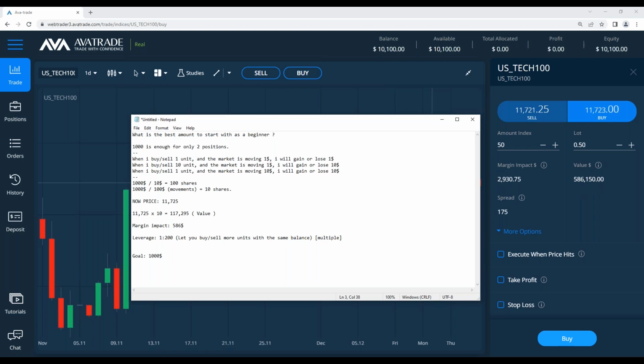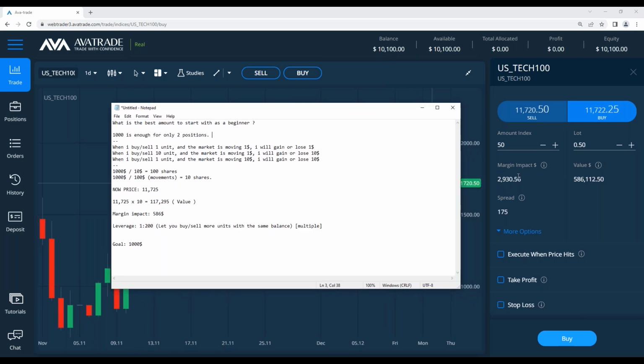Yes. It doesn't mean that it's a smart thing, because this is occupying 30% of my margin. 30% is going to be dedicated only to that position, and then I can get something called a margin call. A margin call, in a nutshell, is when you don't have enough margin to sustain the position, and the position is getting closed.